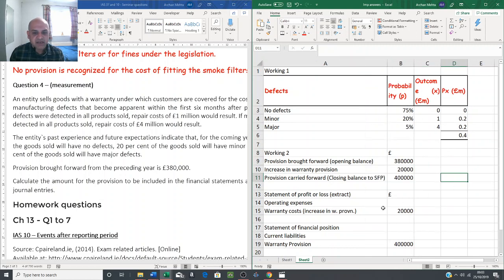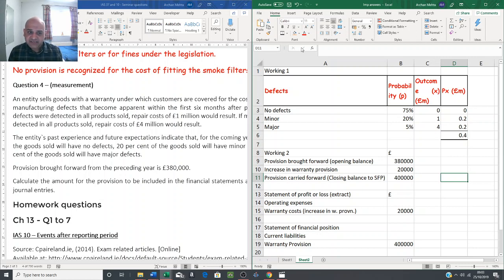Okay, this is how it is. The provision can be recognized when there is a present obligation, either legal or constructive. In this case, question 4, there was a legal obligation of working on the defects of the products and fixing them. There is a probability of future outflow.